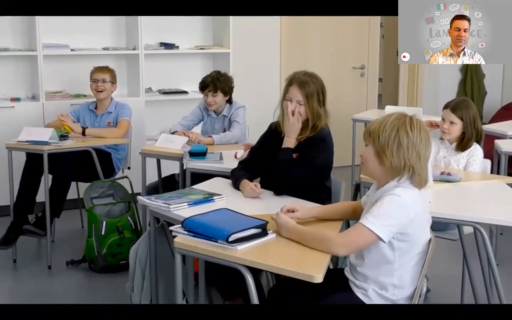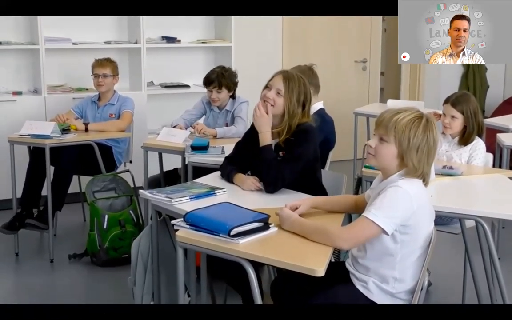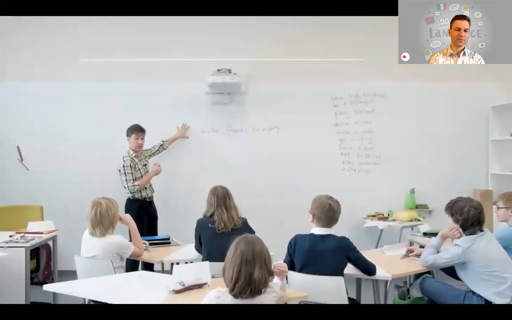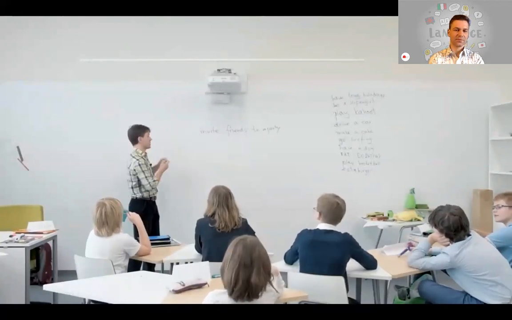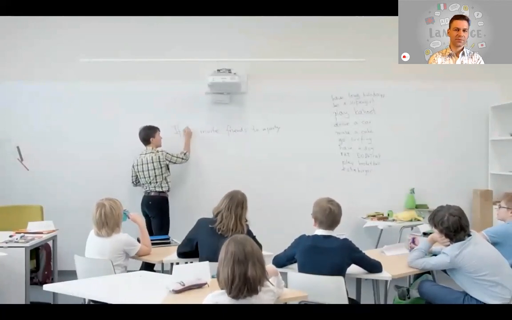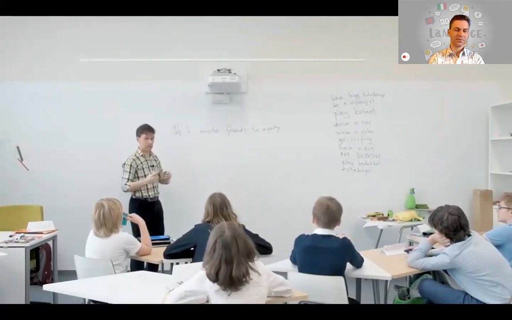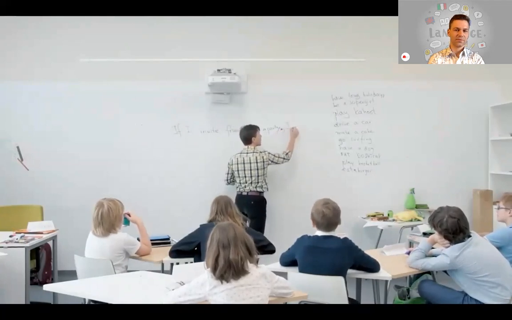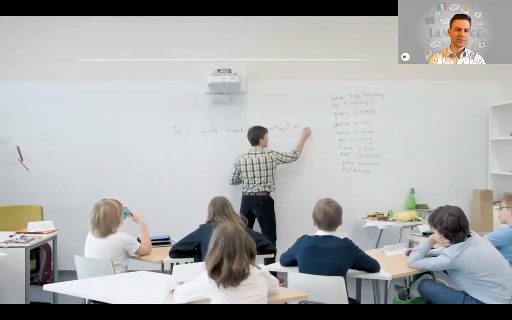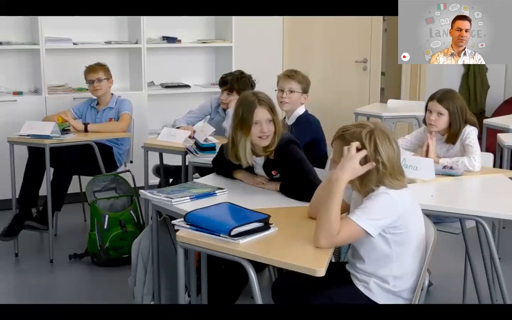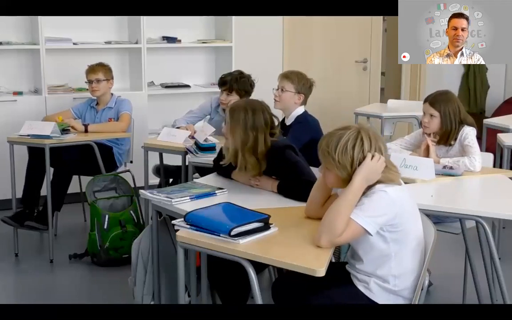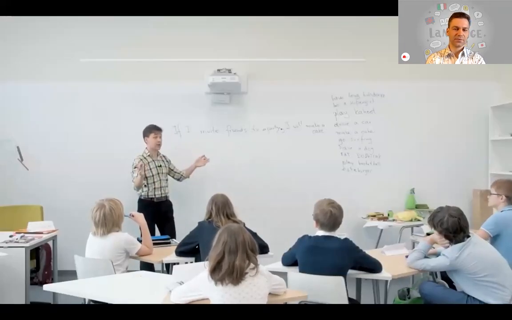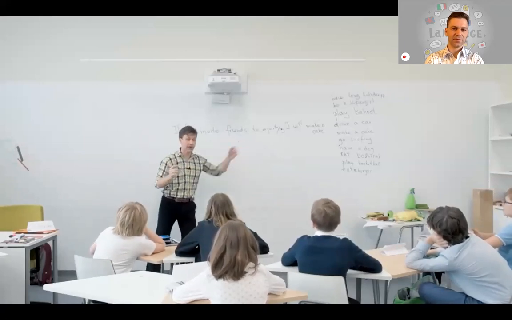Okay, now, what was my first sentence? Can you remember? What did I say first? What was my first? No. If. Okay, go on. Okay. No, I. Okay. Okay. If I invite friends to a party, I'll make a cake. Let's do it together. If I invite friends to a party, I'll make a cake.